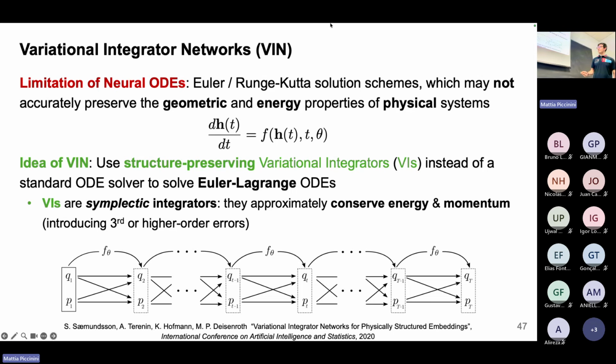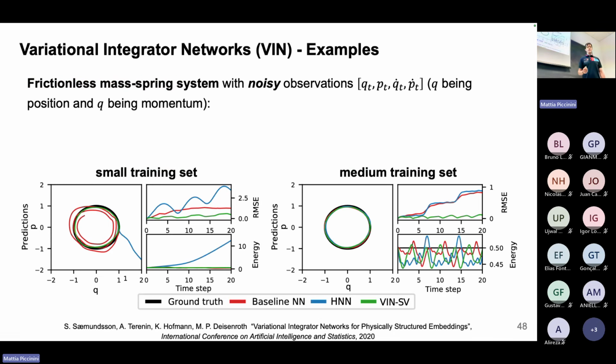You have your system from your initial coordinates that is recursively integrated over time. And to do these operations, we can use these variational integrators. And there are some papers, for example this one, in which they show that using a variational integrator has some advantages. For example, in the case of a simple mass spring system without friction.